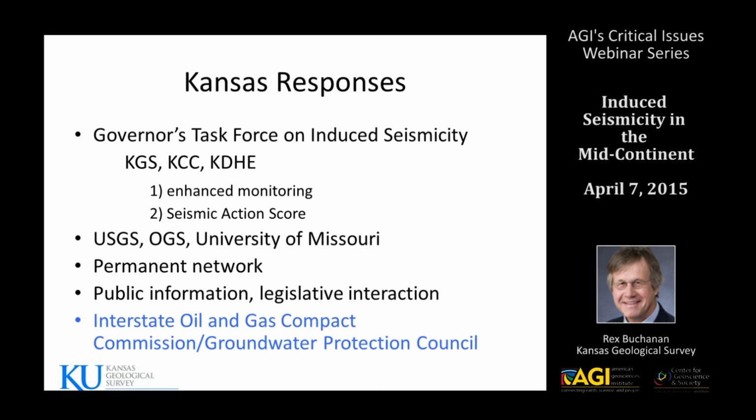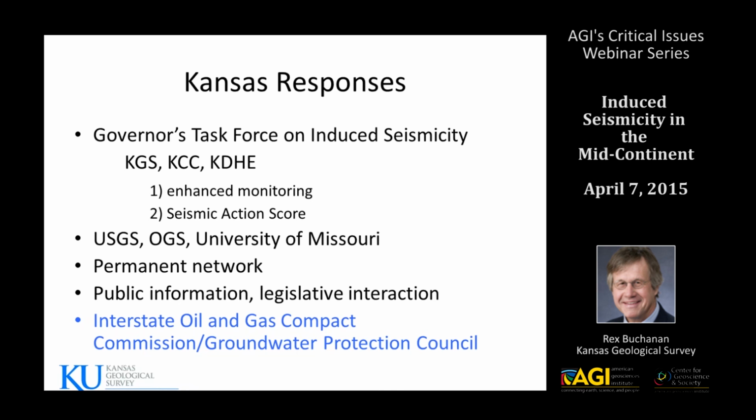We had a number of meetings, public meetings, developed a plan, got comments, revised the plan. The two primary things that came out of that plan, one was enhanced monitoring. I'll talk about that in a minute. The other was a seismic action score that consists of trying to both tease apart natural from man-made events and also guide the response.